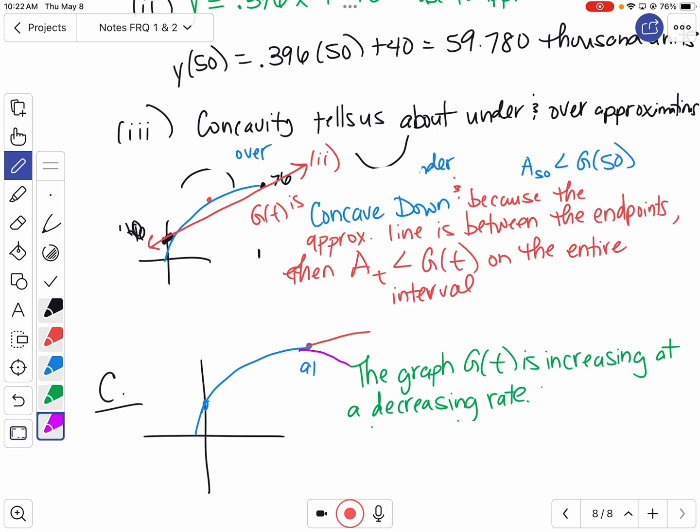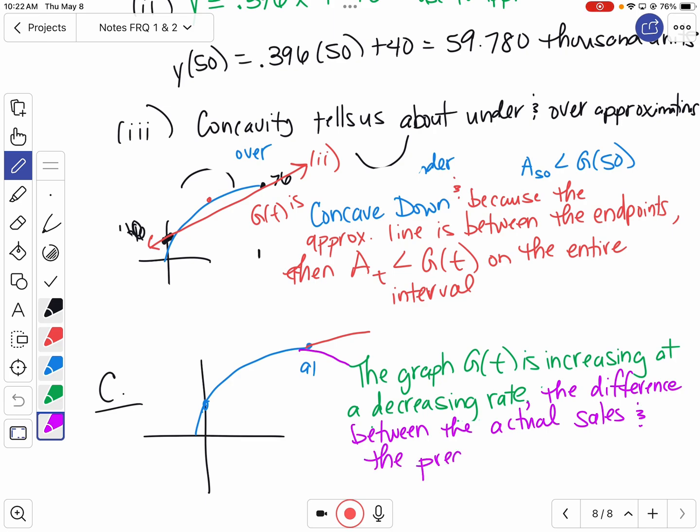So because G of t is increasing at a decreasing rate, the difference between the actual sales and the predicted sales would increase. All right, that's what it is. That took me a minute.